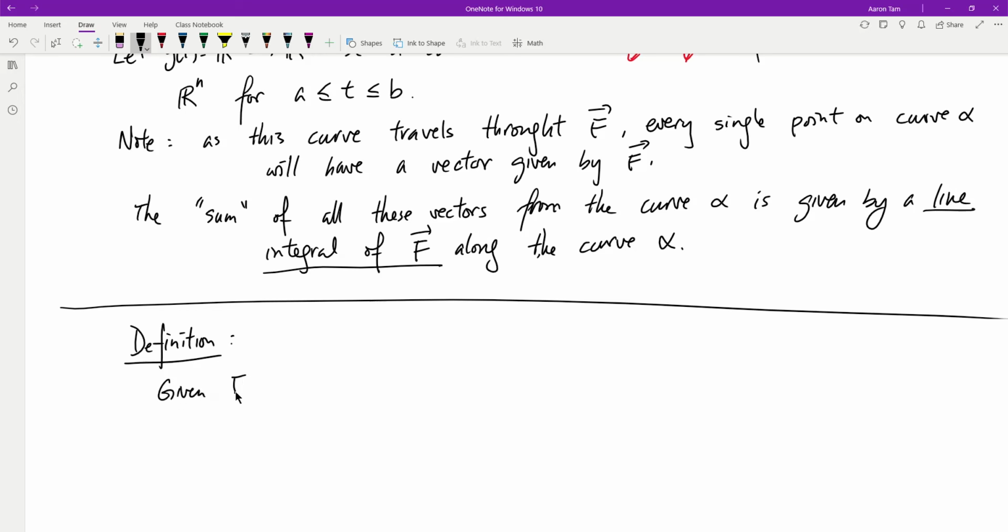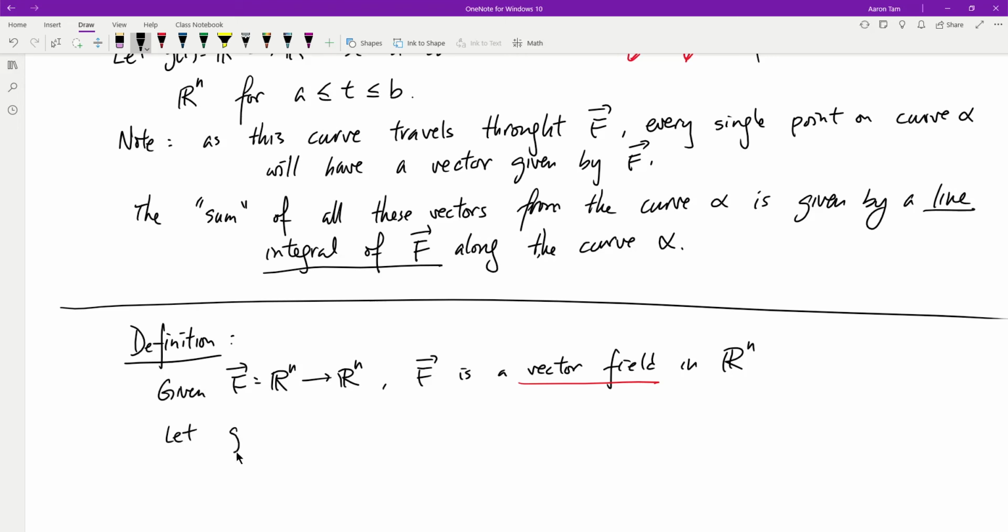Let's say we're given a function vector capital F that maps from Rn to Rn. Therefore we can say that F is a vector field in Rn. So important to understand is that we are, technically speaking, integrating a vector field along a curve. That's basically what we're doing.